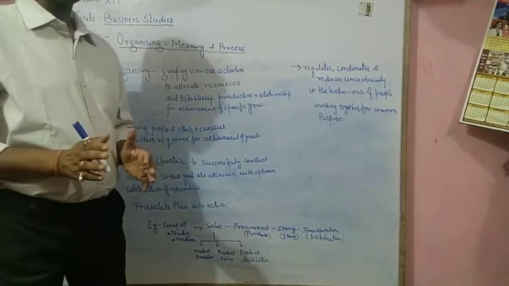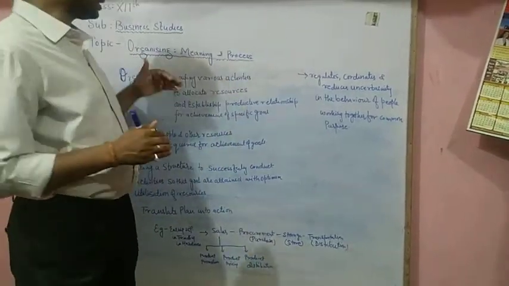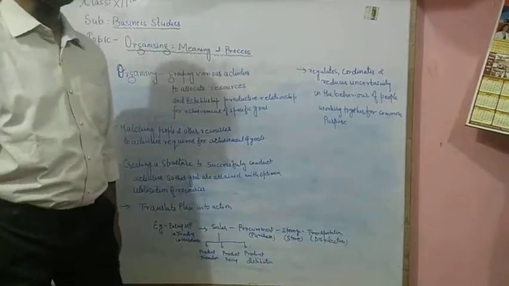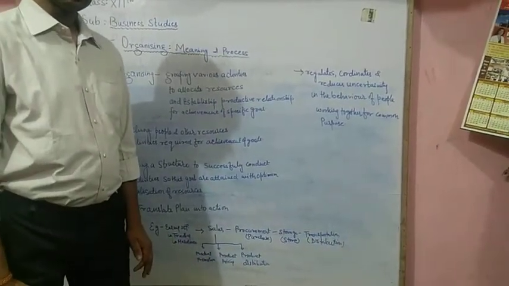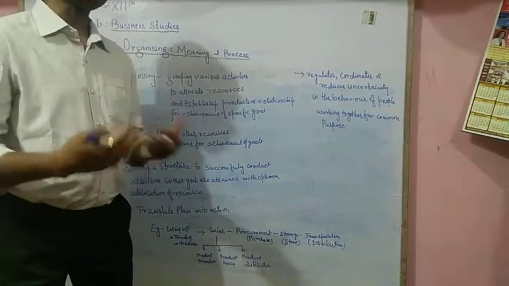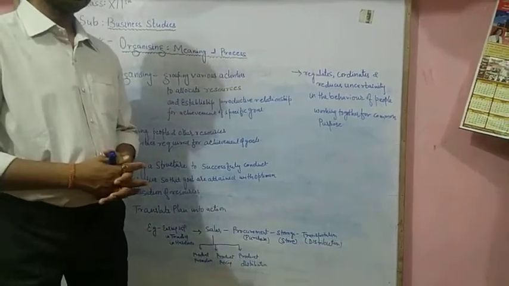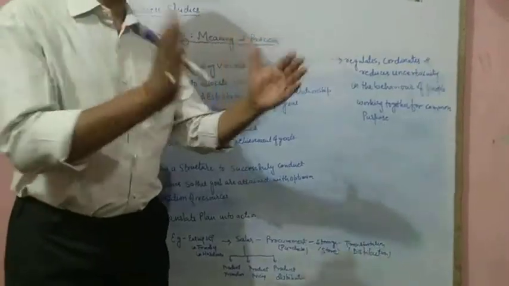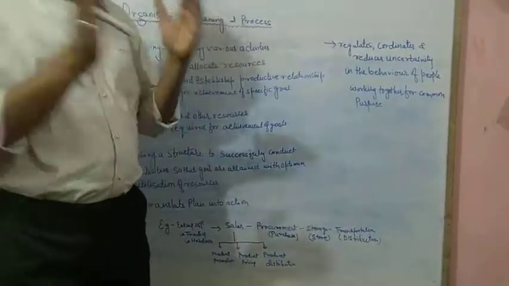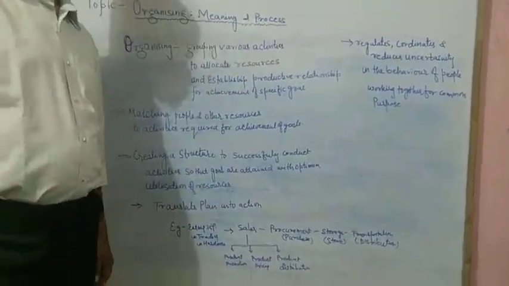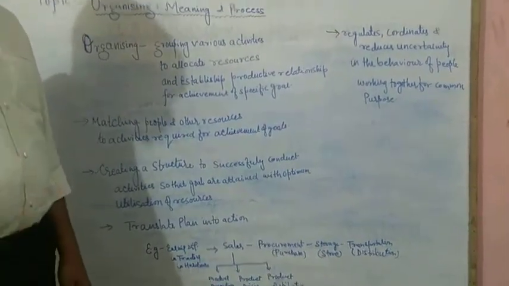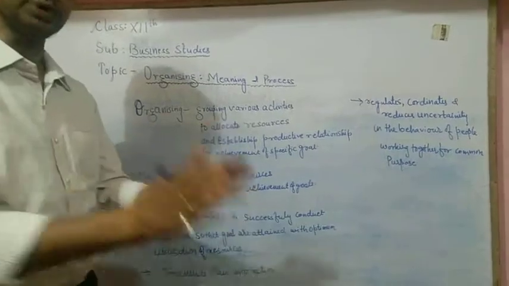And why do we divide and then group these activities? Because one individual cannot be a master of all the functions. So activities of similar nature are grouped and allocated according to the competence and eligibility of the resources. Resources are allocated for each work.